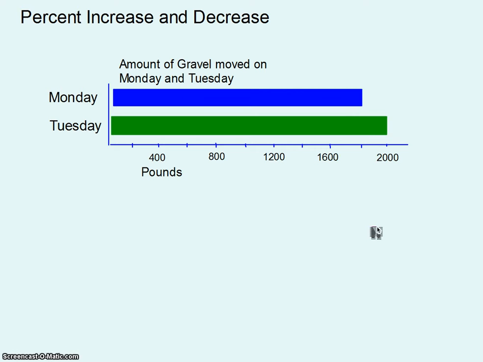Now it's from 1800 to 2000. So simply saying that we increased by 200 doesn't give you much information. If you say we increased from 200 to 400, that tells you a lot more than just we increased by 200, or if we changed from 1800 to 2000.